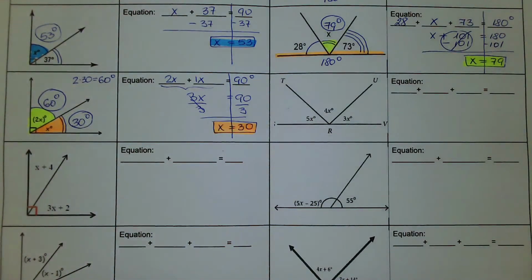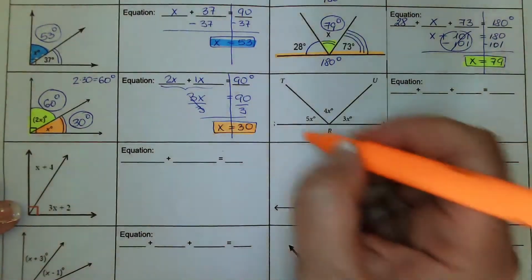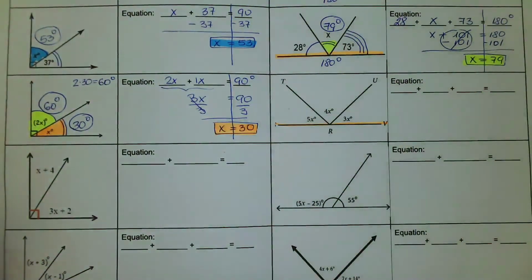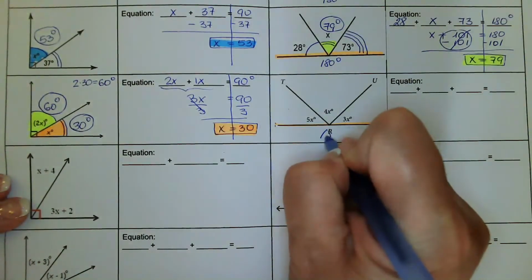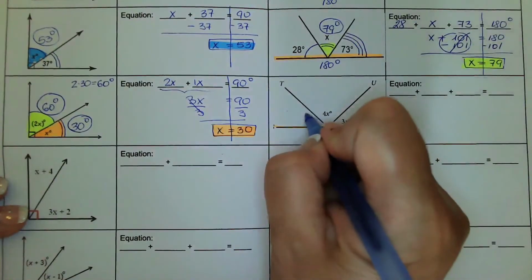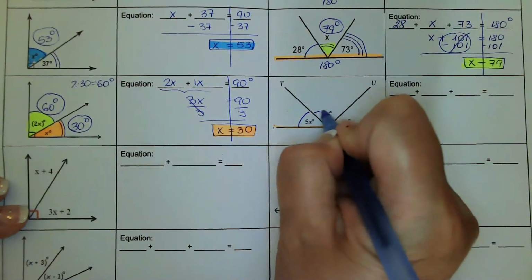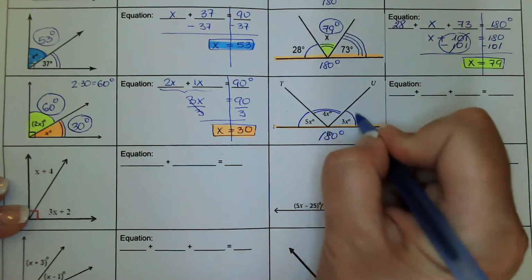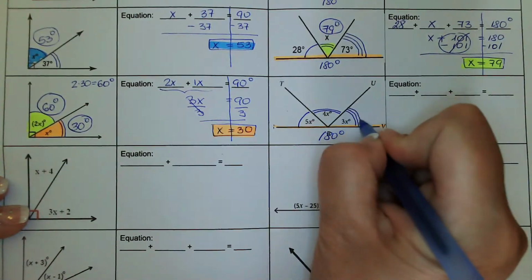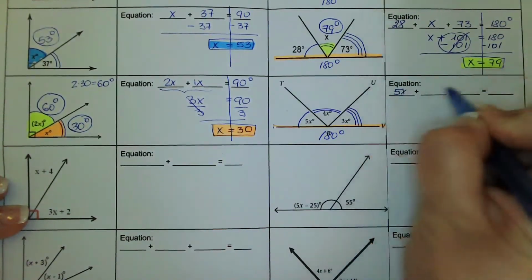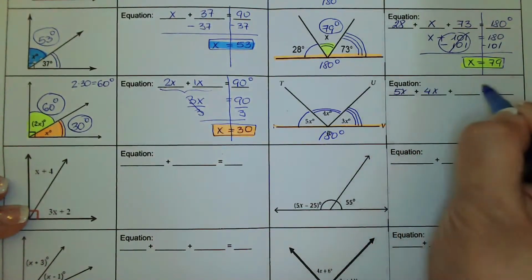Complementary relationship. On the other side, we have our straight line again, which is creating supplementary angles. Straight line, 180 degrees. We have 3 angles involved. I'll mark them with 3 different types of arcs. I have 5x, one angle, 4x, and 3x.